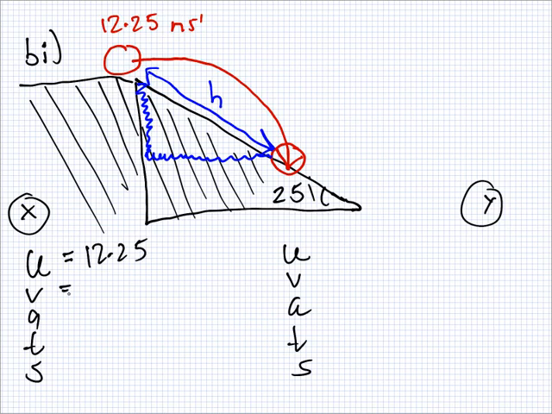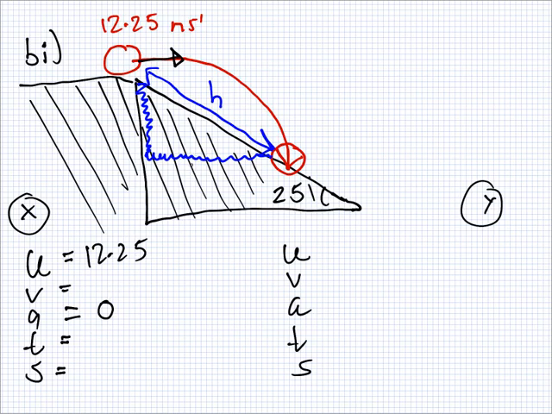What's the V? Don't know. What's the A? 0. The T? Don't know. And the S? It's the range, H. We don't know it.